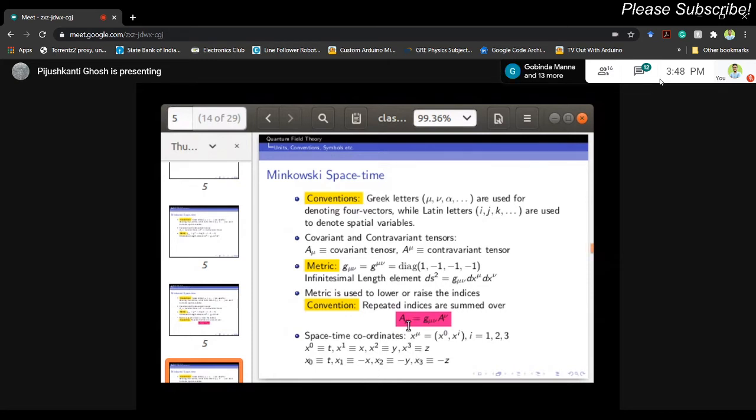Take A equal to x, so you get the relation x_mu is equal to g_mu nu x^nu. Then on the left hand side you take x_1, so mu is equal to 1, so g_1nu x^nu.